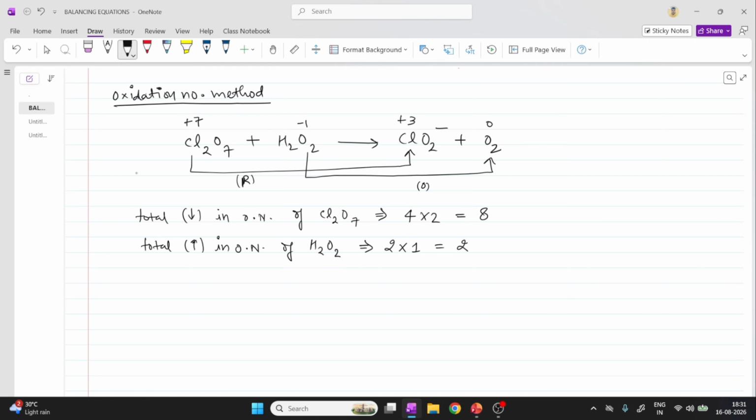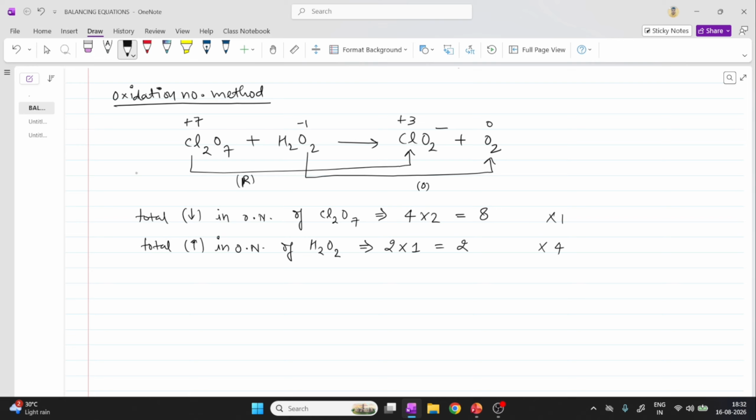Now this simple ratio is 2 and 8. That means the ratio is 1 is to 4. So very simple. That means this equation has to be multiplied by 4. Why? Because if we divide it, either you can multiply this by 8 and this by 2, or you can just multiply this by 1 and the second one by 4.